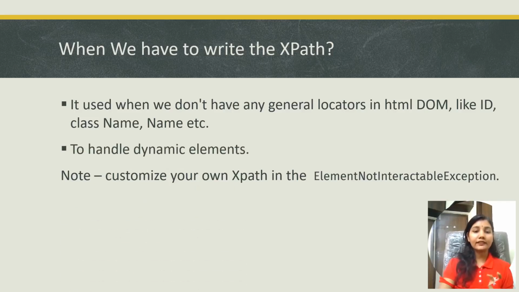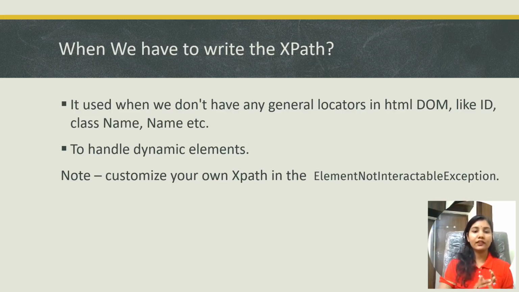The next thing is to handle dynamic elements. A few elements change frequently in real time, so a single locator will not be right every time. It will fail our script in future, so we have to handle this situation by writing dynamic XPath.